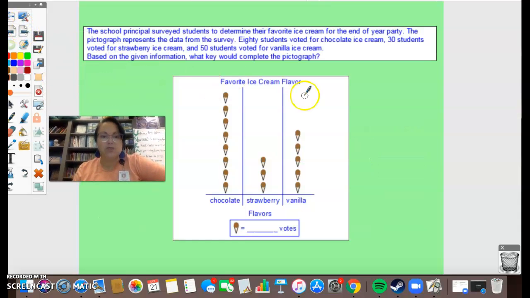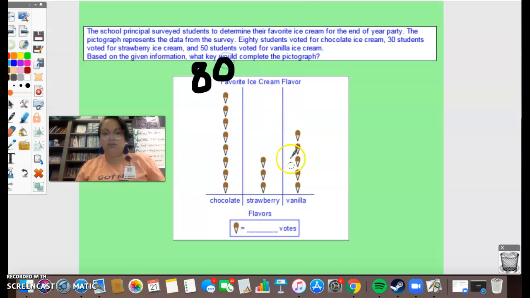Okay, the school principal surveyed students to determine their favorite flavor of ice cream. All right, 80 different students voted for the chocolate ice cream. Whew, that's a lot. So I'm going to write that number up here. 80 voted for chocolate. What does it say? 30 voted for strawberry.